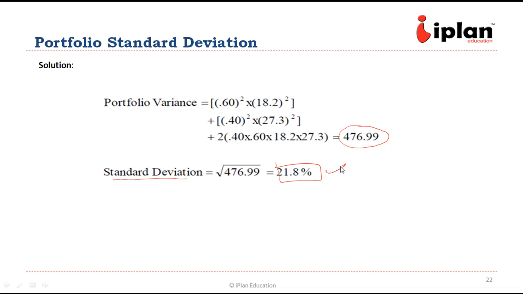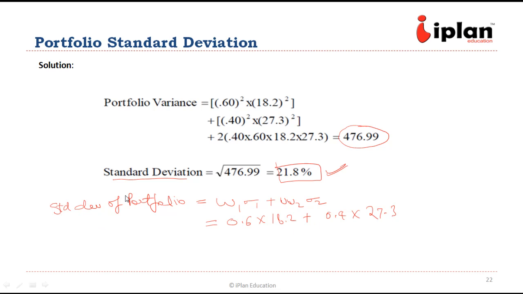In this example, if we carefully notice, the standard deviation of the portfolio is nothing but the simple weighted average of the standard deviations. Let us calculate 0.6 times 18.2 plus 0.4 times 27.3. So this comes out to be 21.8%.